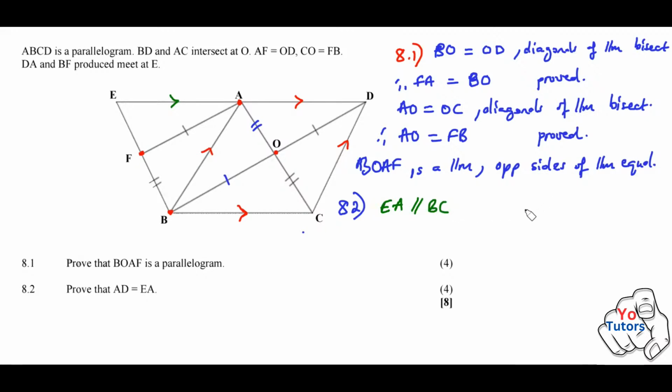Why are we saying that it's parallel to BC? It's given that this is a parallelogram, and if it's a parallelogram, AD will be parallel to BC. So that's what we are given here. So AD is parallel to BC, and this is collinear. It's just the same line that we're dealing with here.